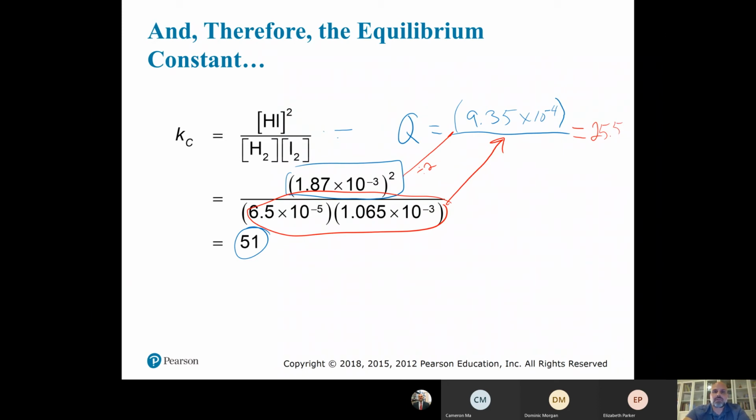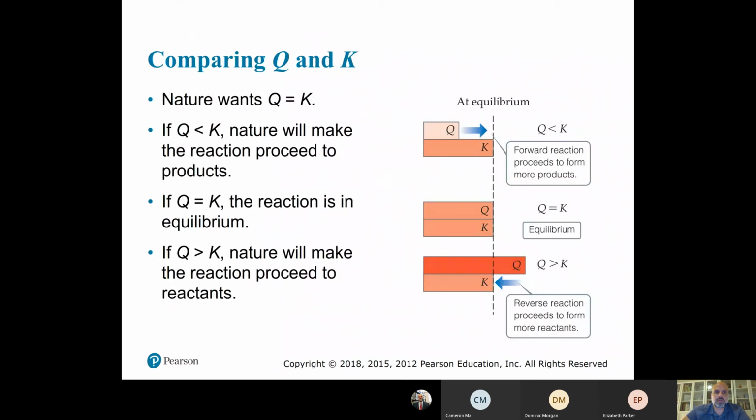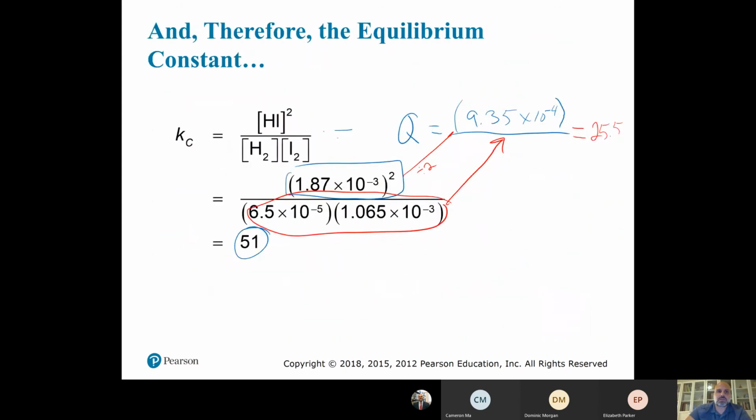What that tells us is, think about what this equation is telling us. If our reaction quotient is smaller than the equilibrium constant, then the reaction wants to move forward to form products. The reaction is going to be driven in the forward direction. If we go back to this equation, we have 2 times less product.